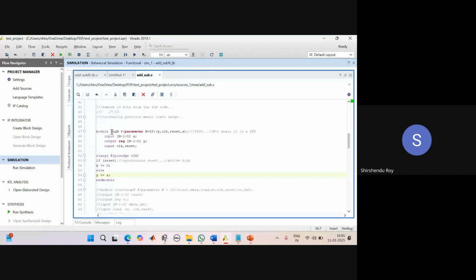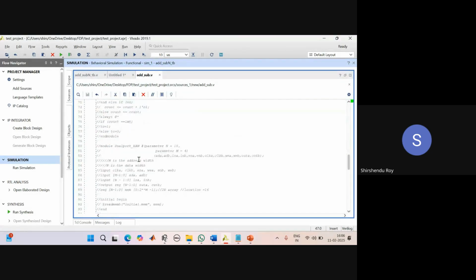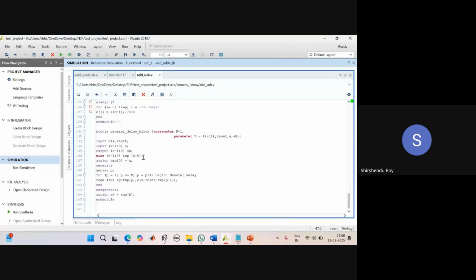That region means it will delay any data by one clock period. If parameter n is 1, it will simply be a D flip-flop. This region block I have called here multiple times.